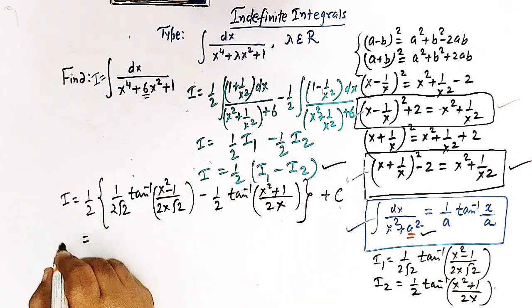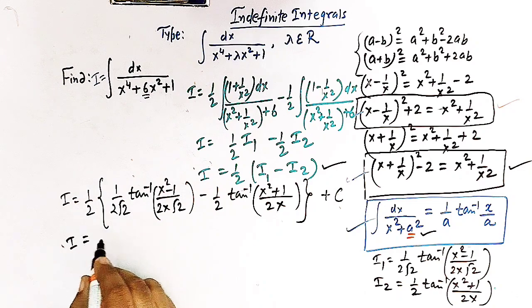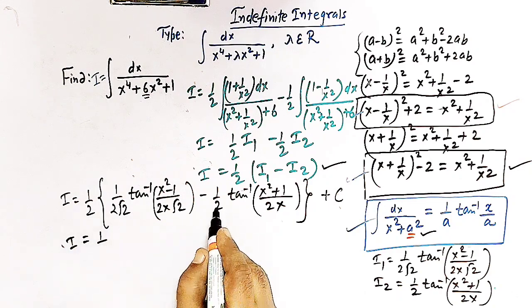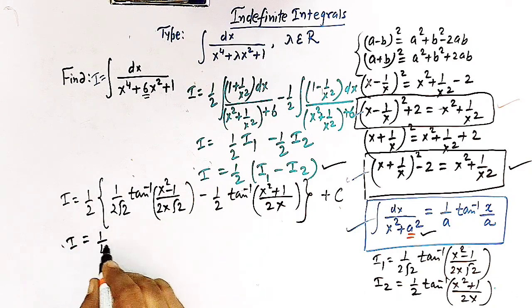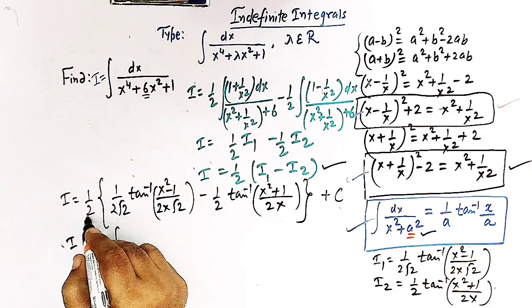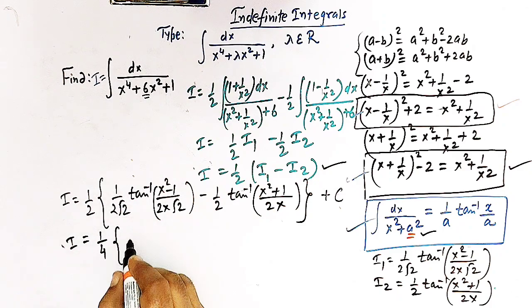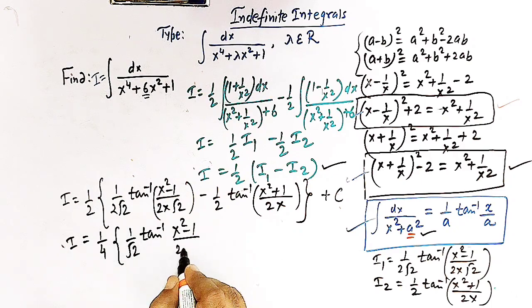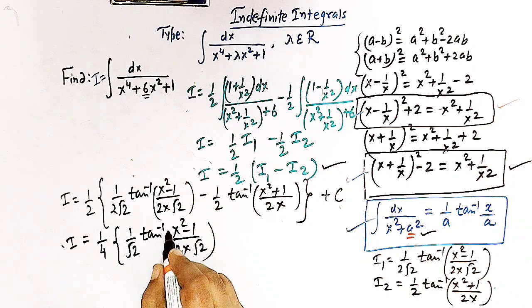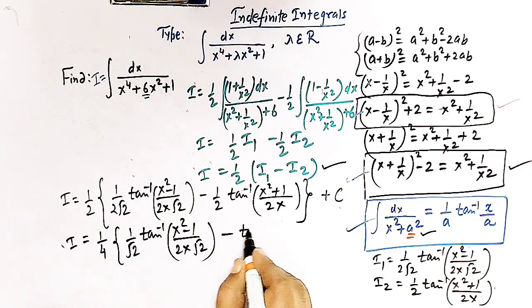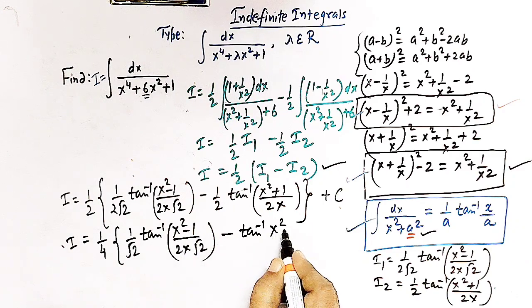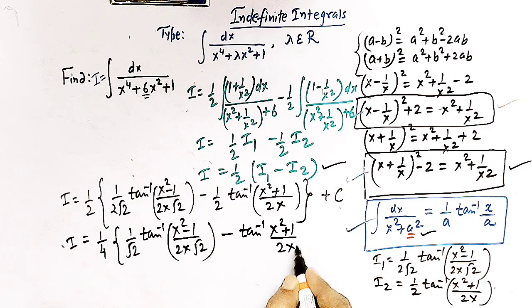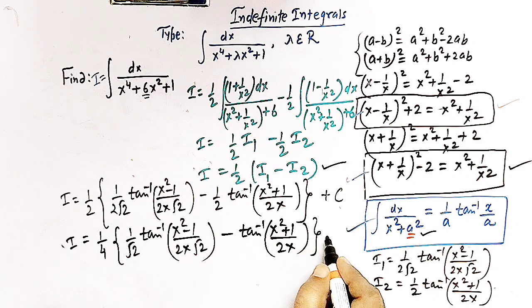So now I can further be written as we can take half common. So we can write 1 over 4 multiplying half and half, so we have 1 over 4, and here we have 1 over square root of 2 tan inverse x square minus 1 over 2x root 2, and here we have simply tan inverse x square plus 1 over 2x, and C is the constant of integration.